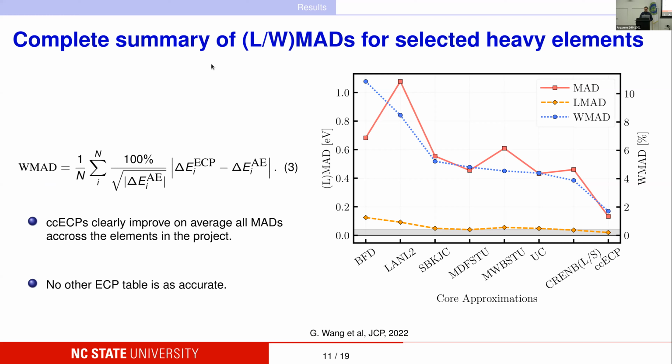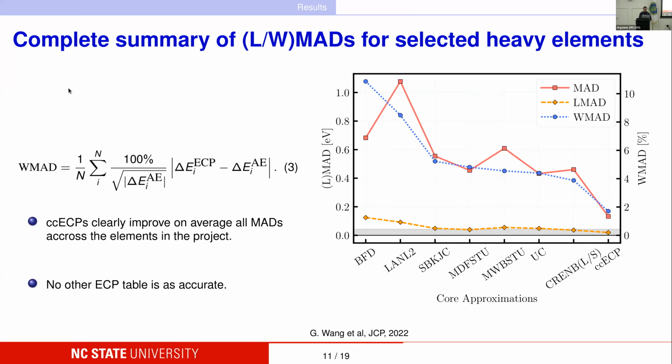This is a summarizing figure for that particular paper. We have in red the MADs for each core approximation. In blue, we have the weighted MADs, which is shown by this equation on the left. And then the LMAD, which is what I was showing on the previous slide. So the weighted MAD is a way of determining the overall effects, or a way to gauge how well it performs on the low-lying states without disregarding the later ionizations as well.